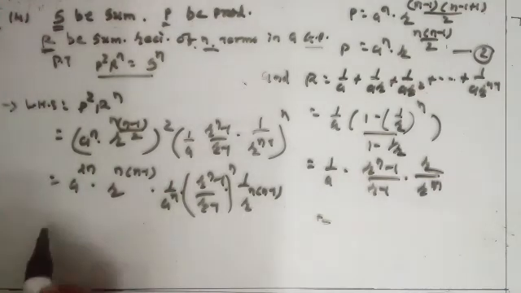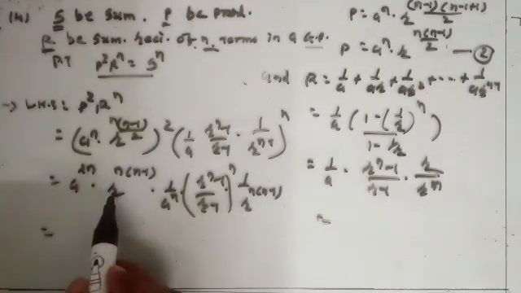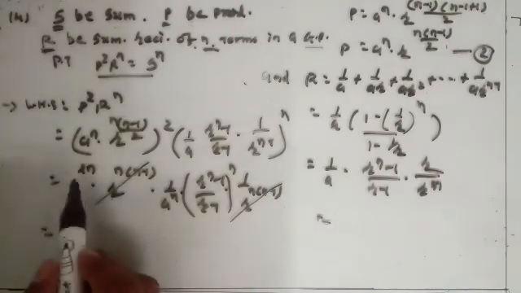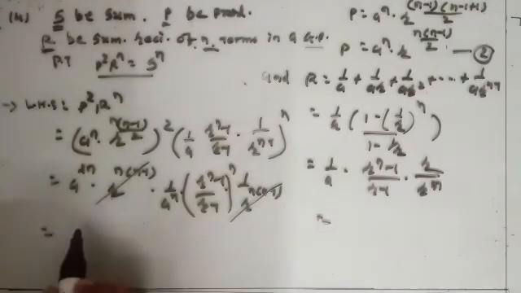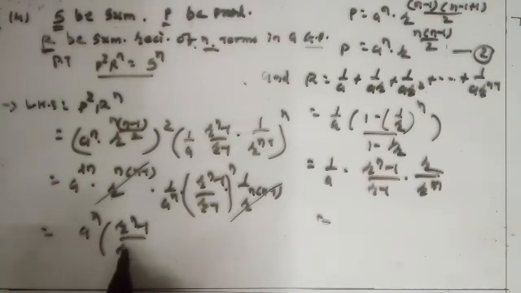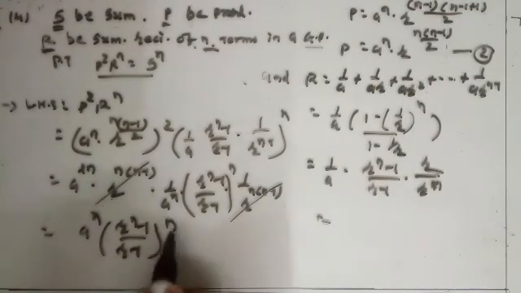Clear? So it is equal to, the r raised to n minus 1 from both cancel, A raised to 2n upon A raised to n, which is A raised to 2n minus n, that is A raised to n, into r raised to n minus 1 upon r minus 1 raised to n.